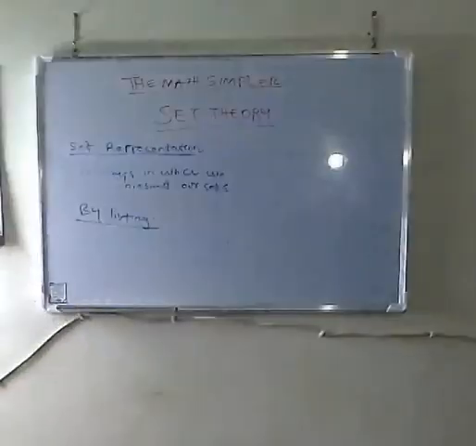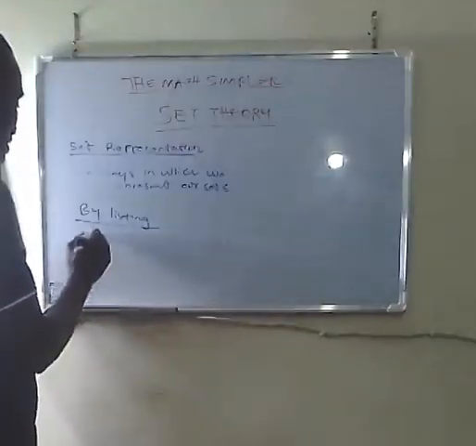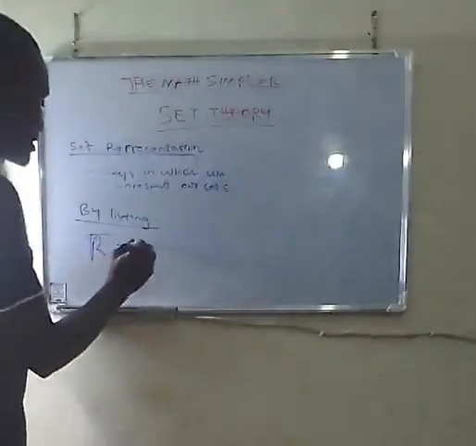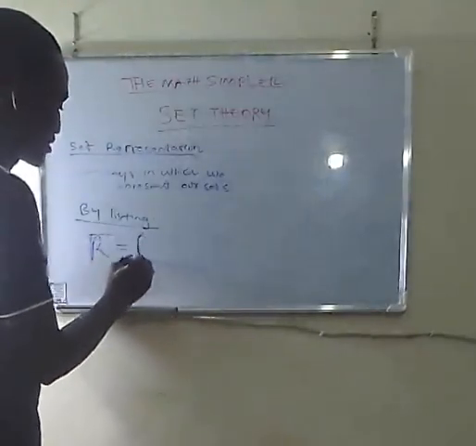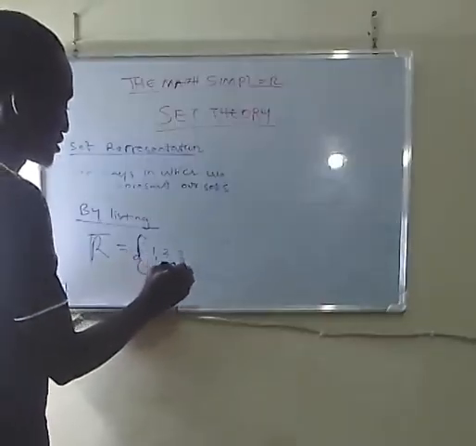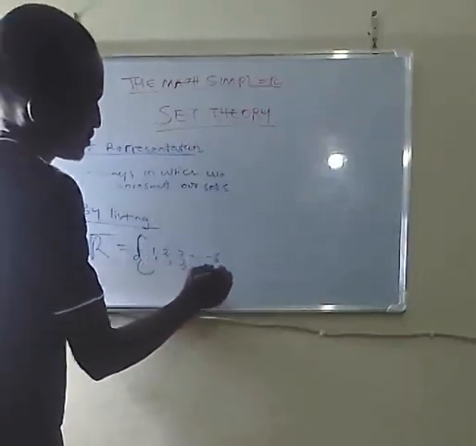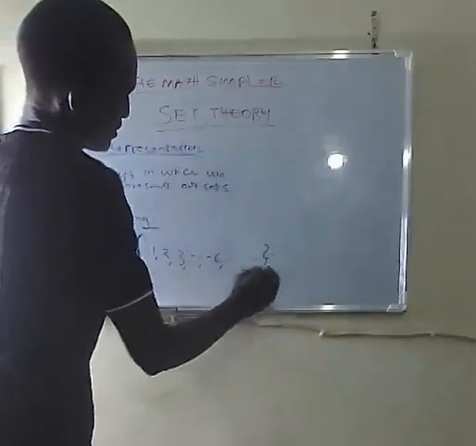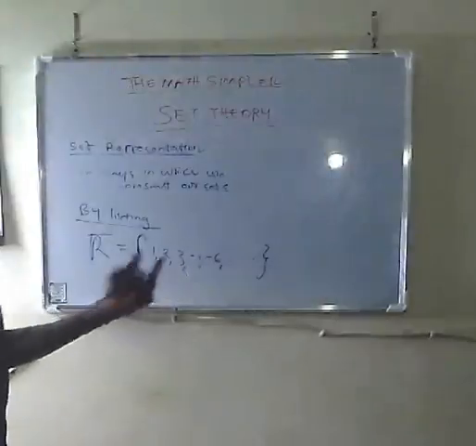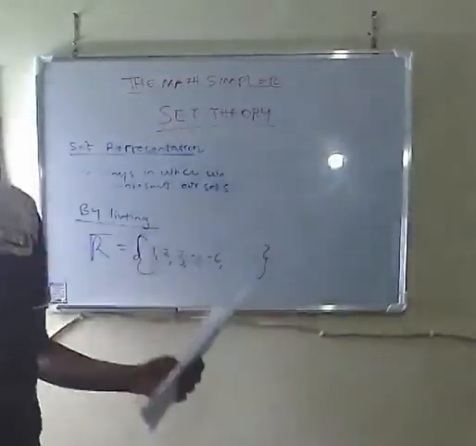For example, we have a set of real numbers: 1, 2, 3, -1, -6, etc. This is a list, just making a list.